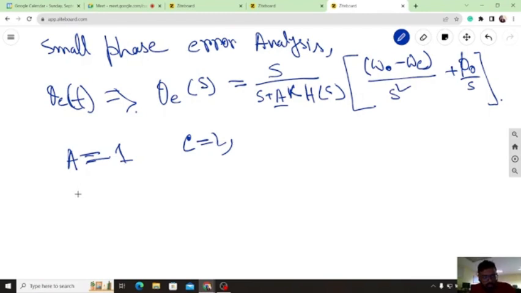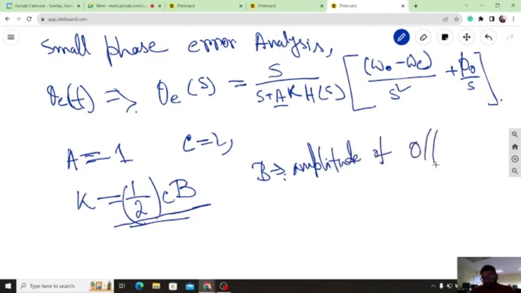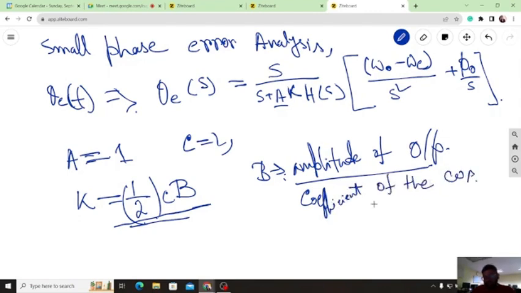So we can write the constant K equal to half of C B, where B is the amplitude of the output signal. Like this amplitude is the coefficient of the cos.